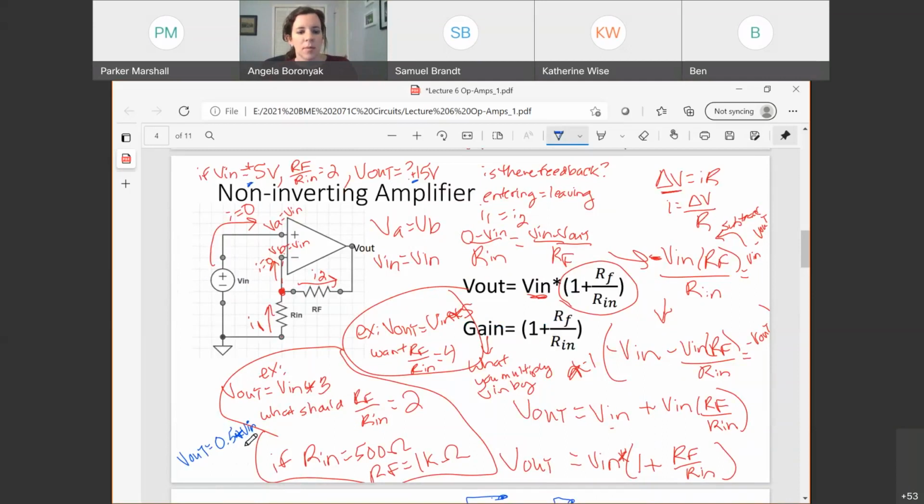If so, what should I make RF over Rn to do that? If I want to get half my voltage in out, can I do this with this non-inverting amplifier?